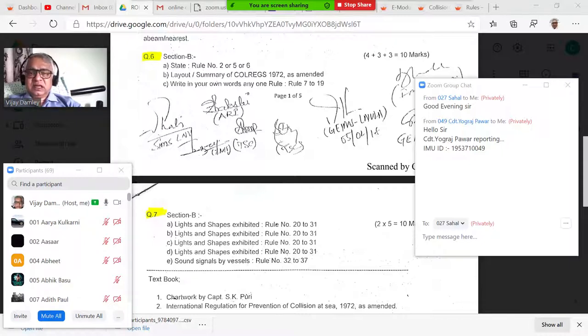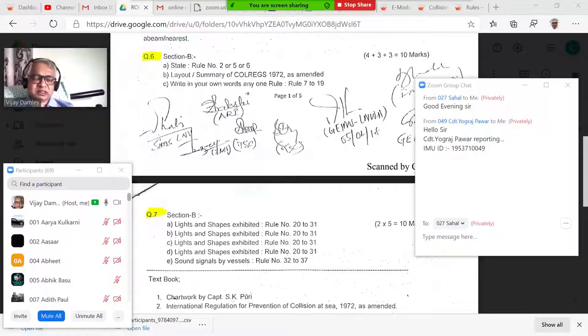Next one is layout and summary of COLREG, which is actually there in your syllabus also, defined straightforward. It is very straightforward, 3 marks. That means how many sections are there, which rules come under what, like these rules apply to all, then this is in sight of one another, like knowing which rule is pertaining to what.